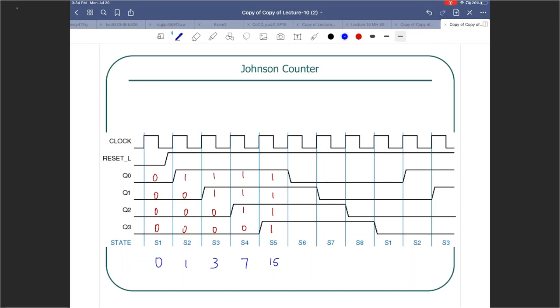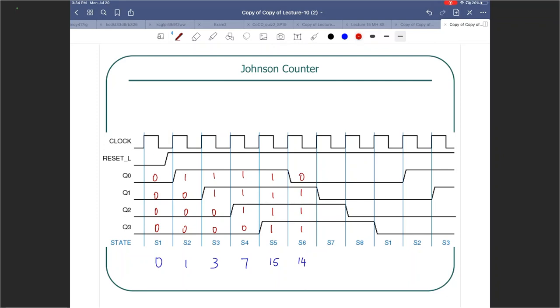Now, because the complement of Q3 is fed back, now zeros will start coming in. So now 0, 1, 1, 1. What is that? Decimal 1, 1, 1, 0, right? Where is blue? Blue is right here. This is 12 plus 2, 14.